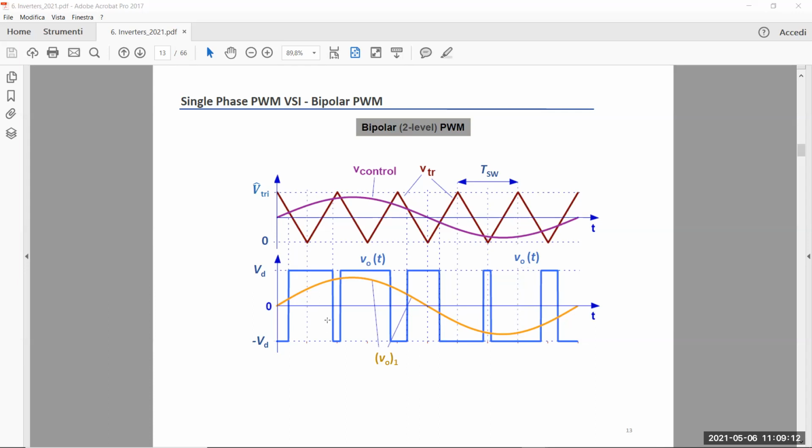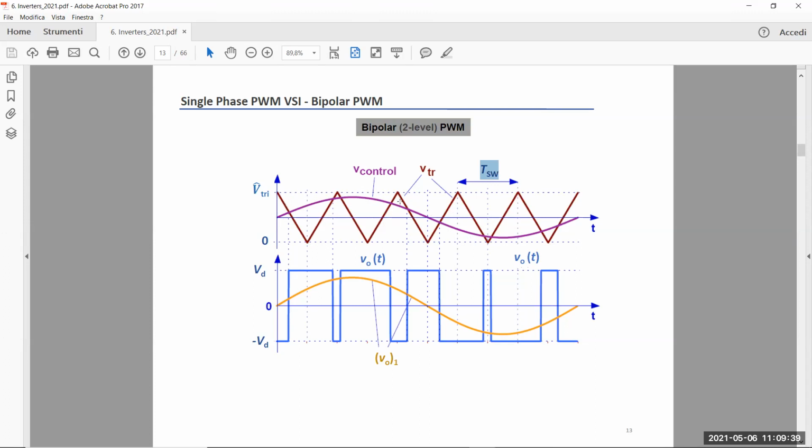In this slide, again, we have the triangular waveform that has a switching frequency, TS or T-switch, as indicated here. And then you have your control voltage, which is a sine wave. We are talking about linear modulation, so the amplitude of the control voltage is within the dynamic of the triangular voltage. So it does not exceed the maximum amplitude of the triangular voltage as indicated here.